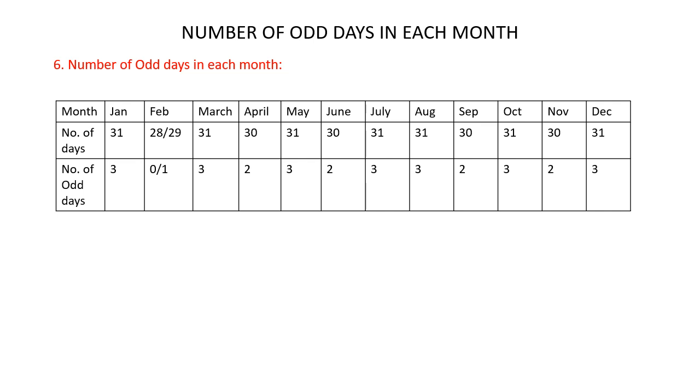It has 1 odd day in a leap year because February has 29 days in a leap year. Be very thorough with this table. This concept is used while solving most of the problems in calendars.